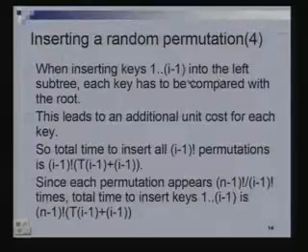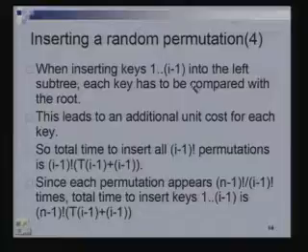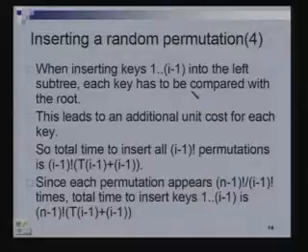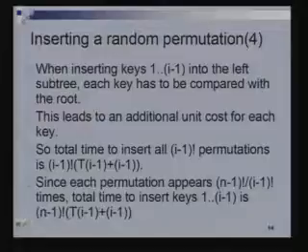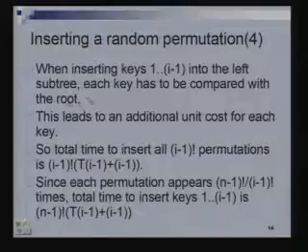Okay, good. So, when we are inserting the keys 1 through i minus 1 into the left subtree, we go back to the previous setting. Recall we are considering only permutations in which the first element is i. So, the keys 1 through i minus 1, when we are inserting, will all be compared first against i, and then we will put them in the left subtree. So, each key has to be compared with the root which is i.